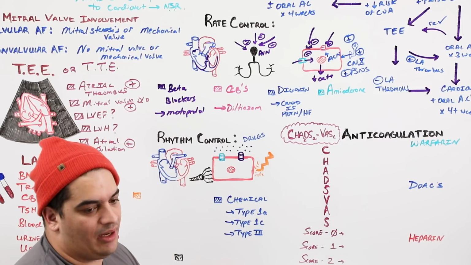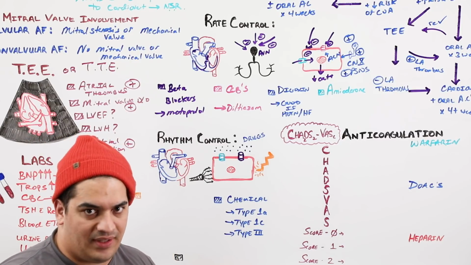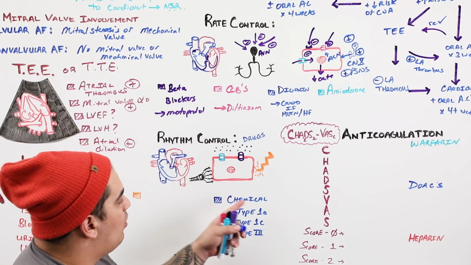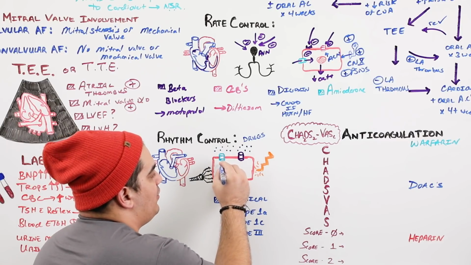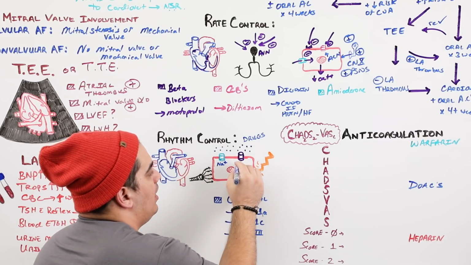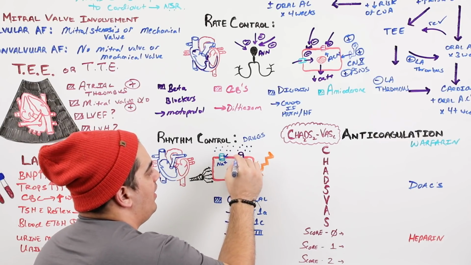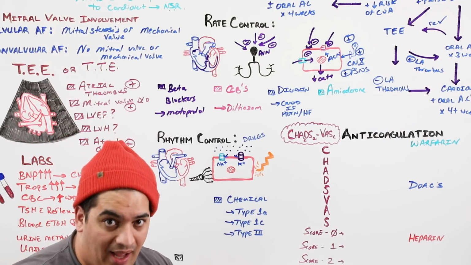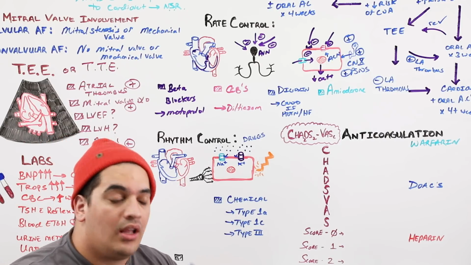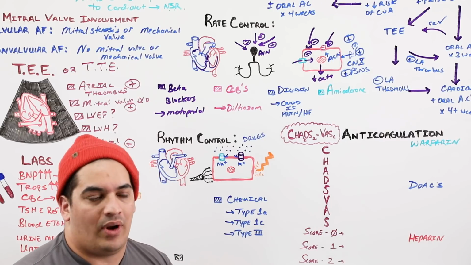And this gets into things like ibutilide and amiodarone and all these different types of other drugs. But these are ways that we can alter the activity of different types of channels, like sodium channels and potassium channels, which helps to regulate some of the electrical activity within the myocardial cells of the atria, and then again, helping to regulate that rhythm.